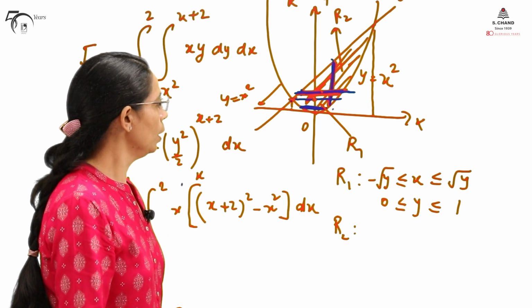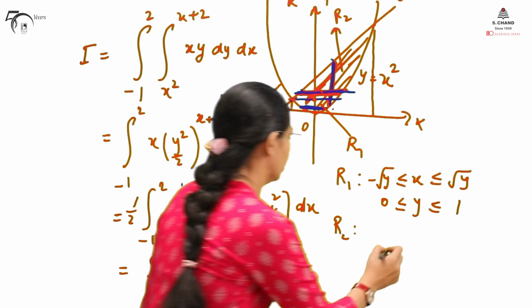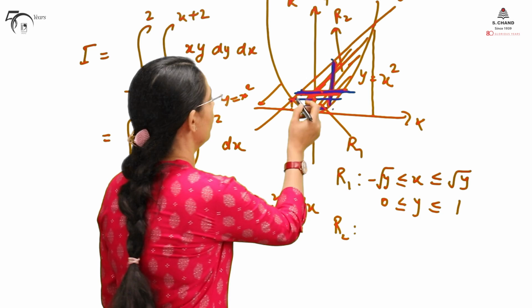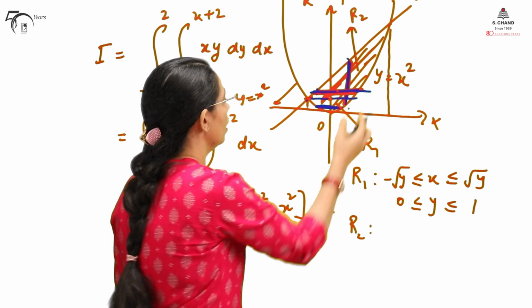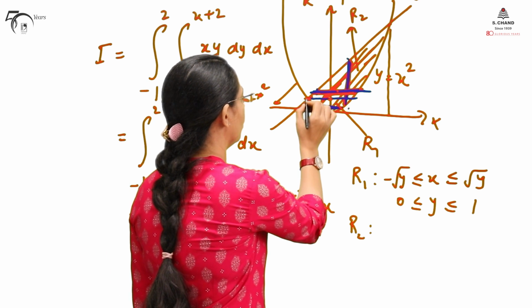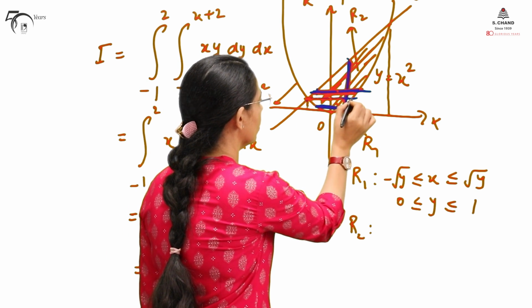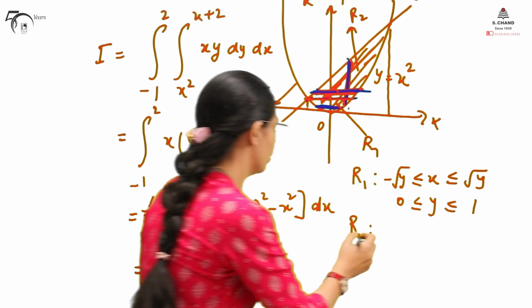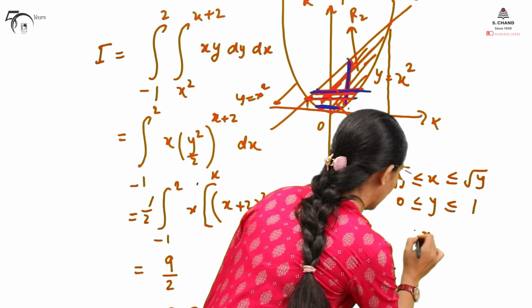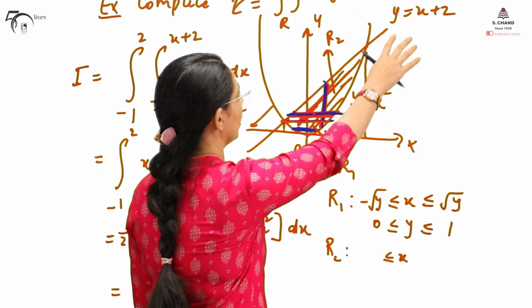Now for R2, the strip is moving from this end to this portion. So after this, the lower end of the strip is lying on the line y equal to x plus 2.